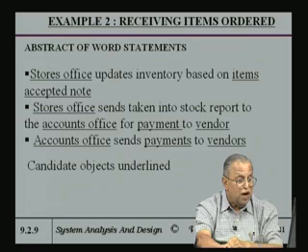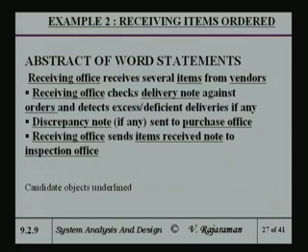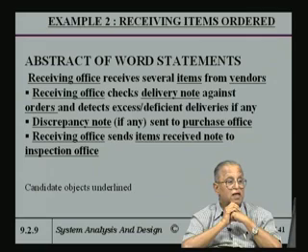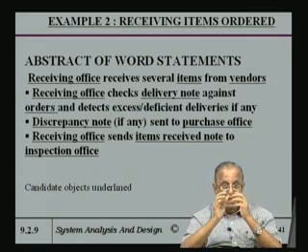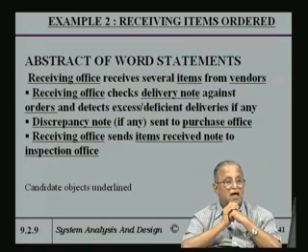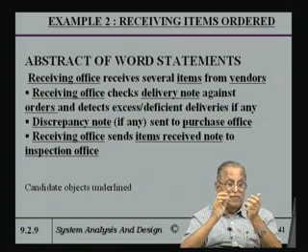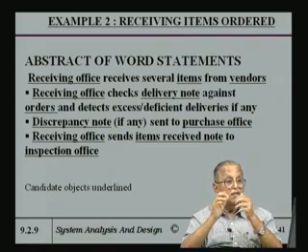Now, what I have done is underline all the candidate objects. Candidate, that is, potential objects, I call them candidate objects. So the receiving office is a potential object, items, vendors, delivery note, orders, discrepancy note, purchase office, again the receiving office, items received note, and inspection office.